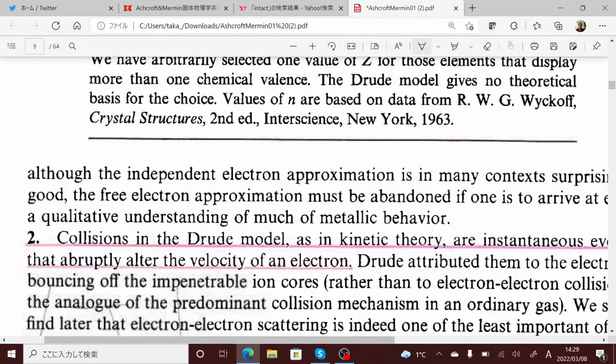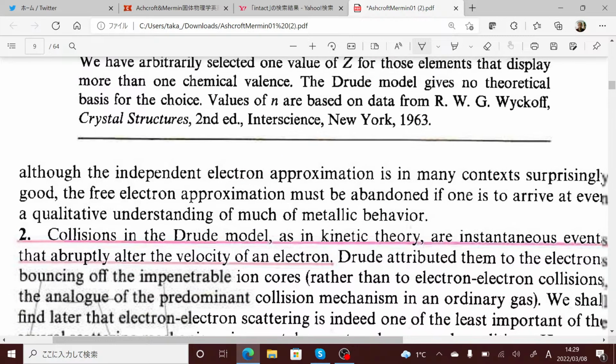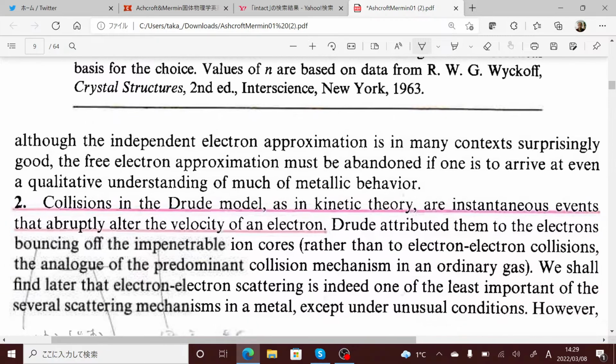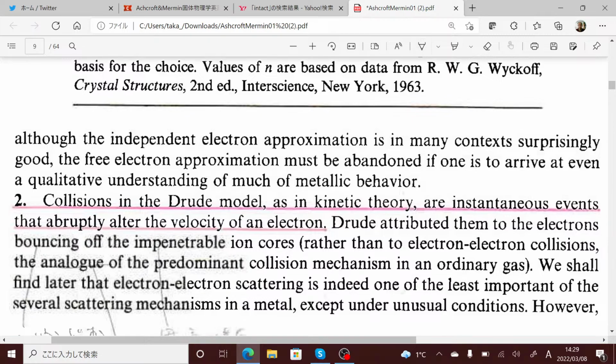Anyway, so we go to number 2. Number 2, collisions in the Drude model, as in kinetic theory, are instantaneous events that abruptly alter the velocity of an electron.